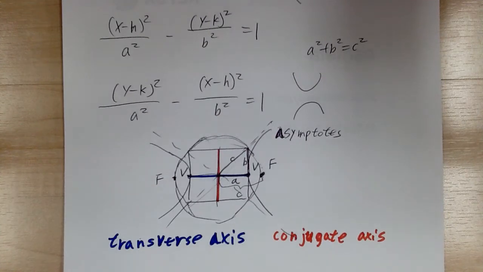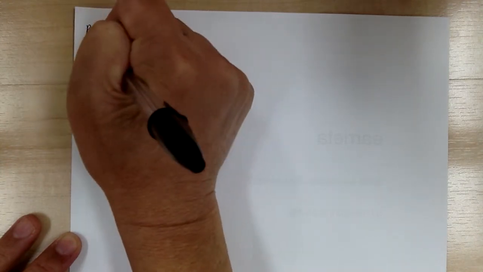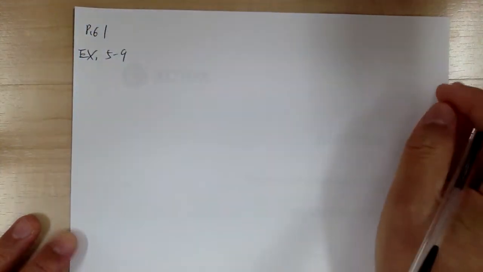Now let's go with an example to see how everything fits together. Let's go to page 61 and look at example 5-9.